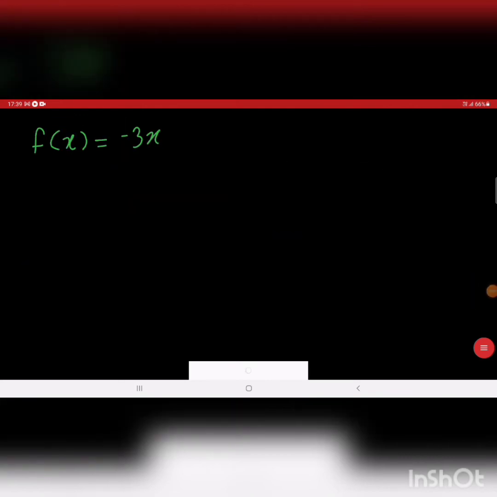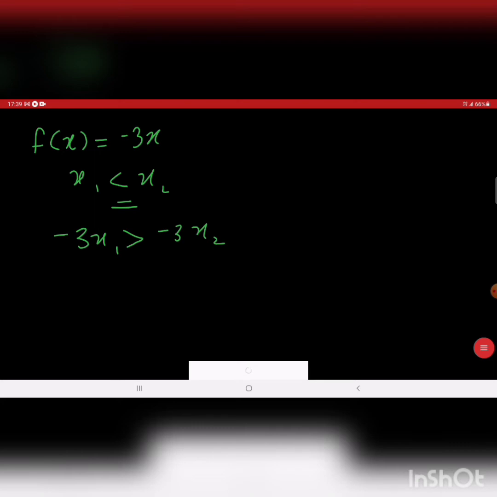Next, we can consider f of x equal to negative 3x. Let x1 less than x2. Now multiply both sides with negative 3. See, if we multiply an inequality with a negative, then it gets reversed. That inequality gets reversed. Then it becomes minus 3x1 greater than minus 3x2.